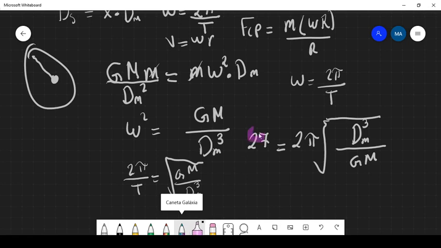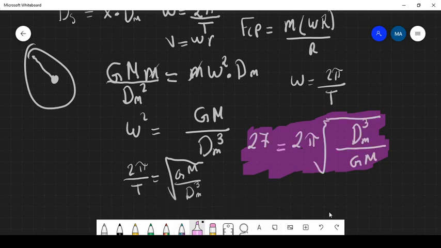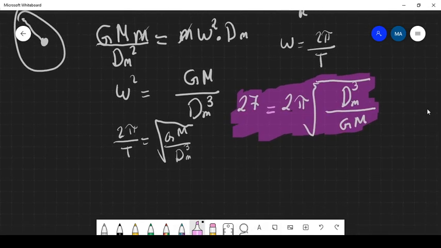So let's save this equation over here. So what do you think we will get when we are trying to find this equation for our satellite? Try doing it by yourself, because it's the same thing. What we will get is that the period of our satellite will be 2 pi, the square root of d to the satellite cubed divided by GM.